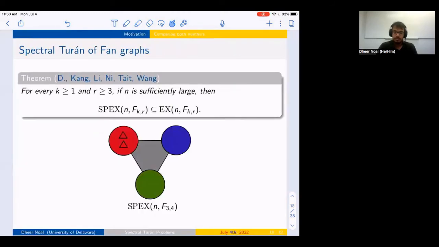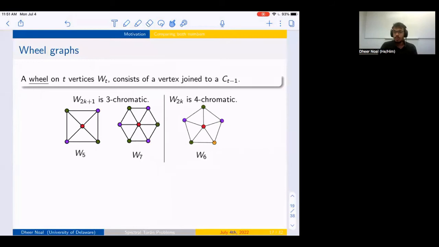And we managed to generalize the association between the two families for the friendship graphs to that for fan graphs. We showed that the spectral extremal graphs are also edge extremal, that is, they have the maximum number of edges.